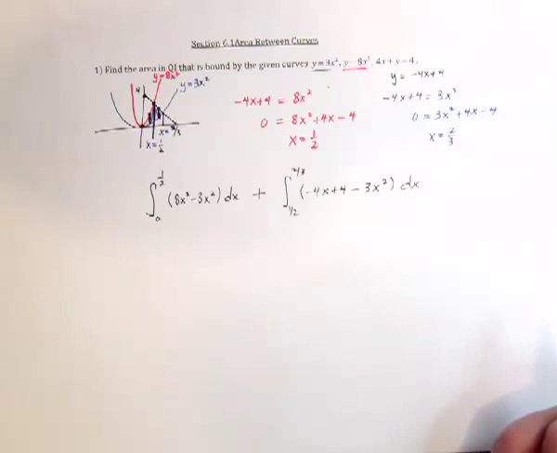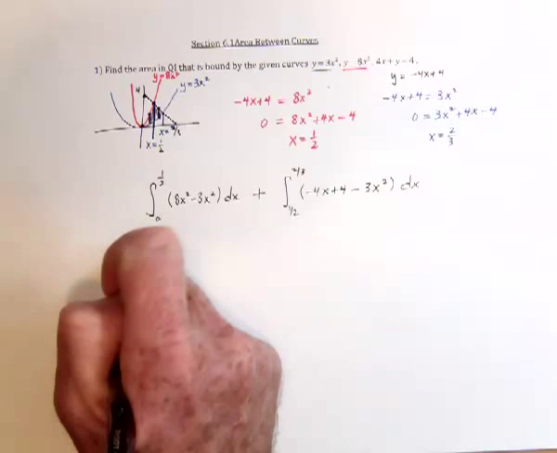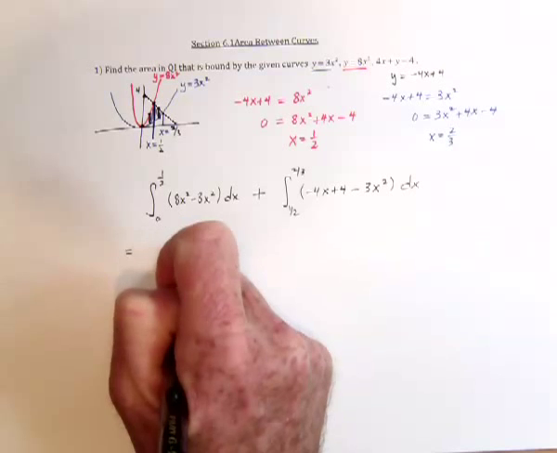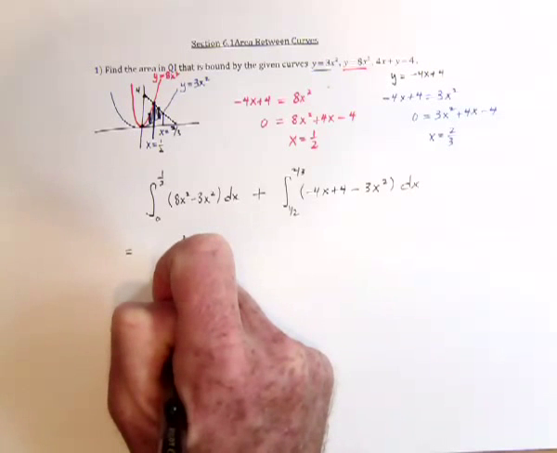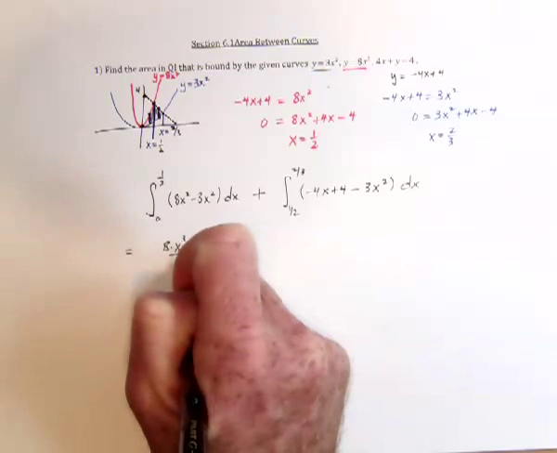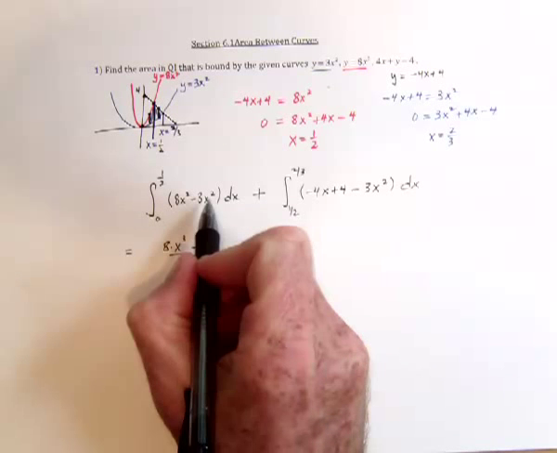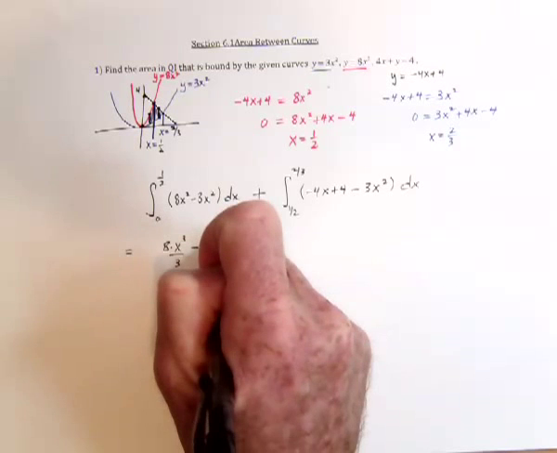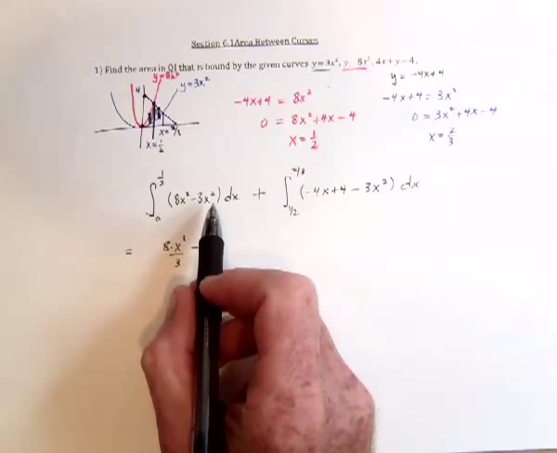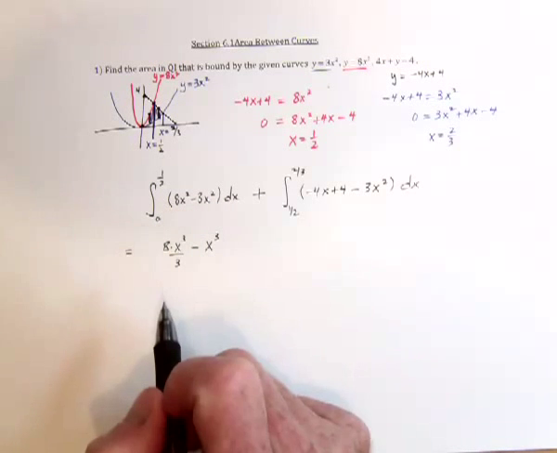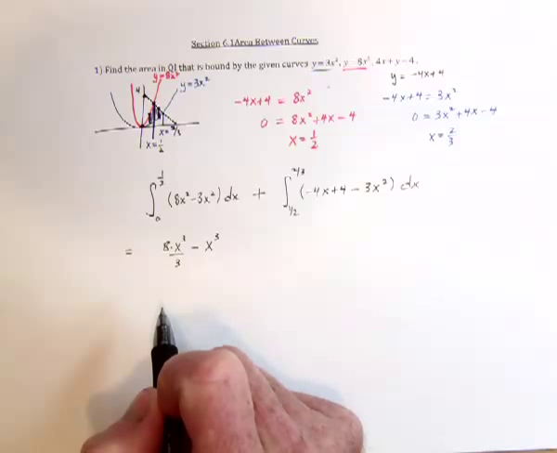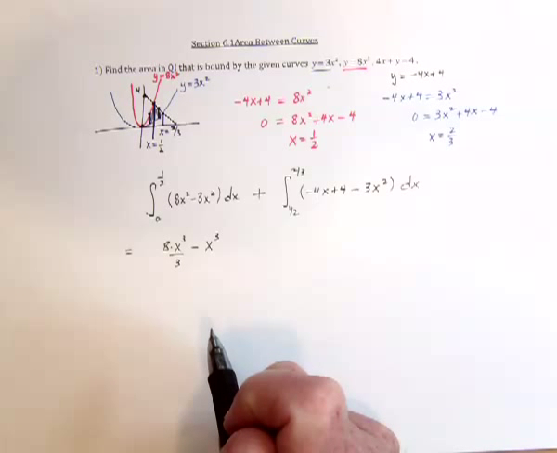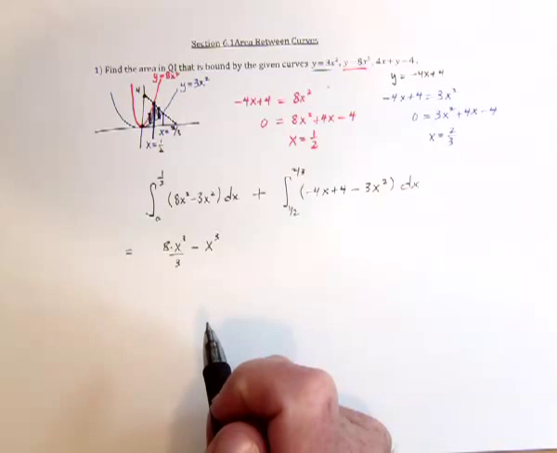Well, that took a bit of work to get it set up, but the actual integrals are going to be pretty easy. This one is going to become x to the 3 over 3 with an 8 still there. This one will become, well, this is actually the derivative of x cubed. I guess I could have just done algebra first. Oh well. That's fine.